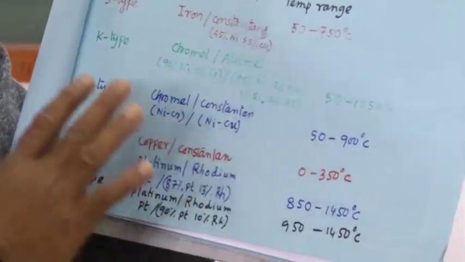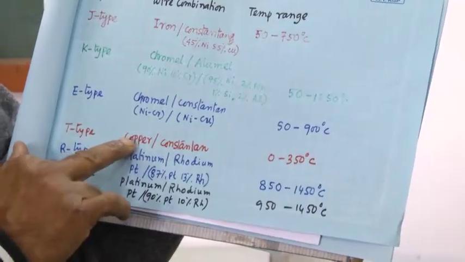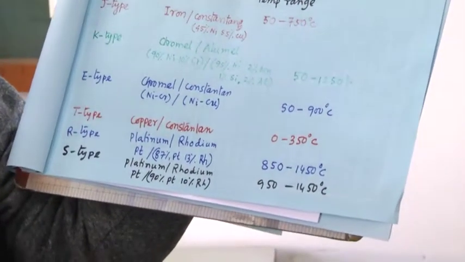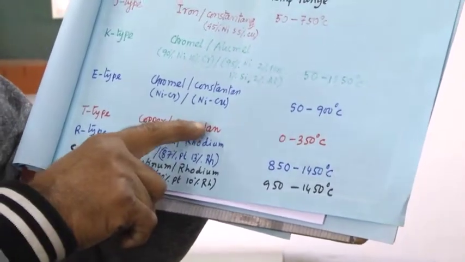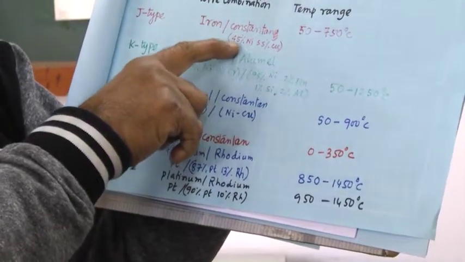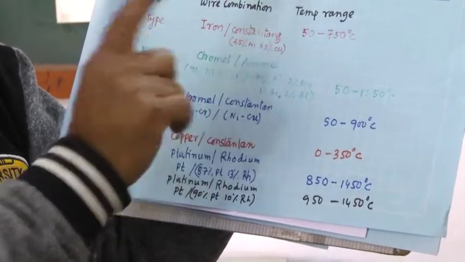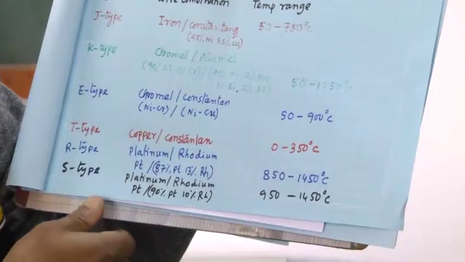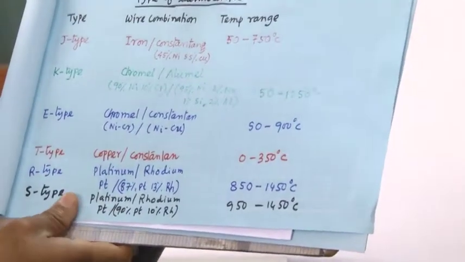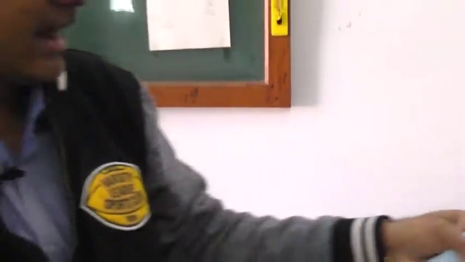So these are the different types of thermocouple. Constantan, as I told you, is 45% nickel and 55% copper alloy. This is the thermocouple we are using in our lab.